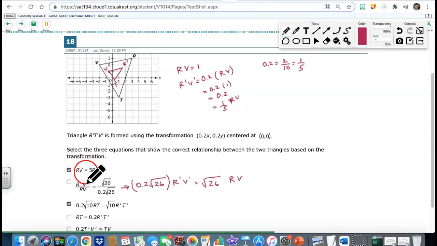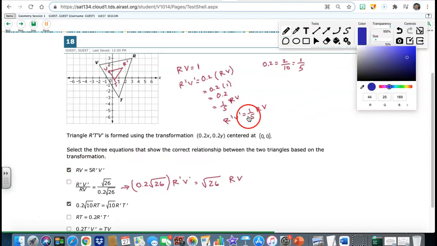So let's look at the first one. RV is 5 times my R prime V prime. But hold on, I have this transformation. I said that R prime V prime is equal to 1/5 of RV, but they want to leave the RV by itself. So you have to cancel that fraction. How can I cancel that 1/5?